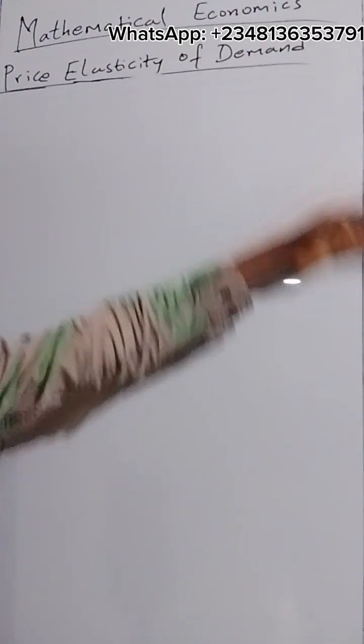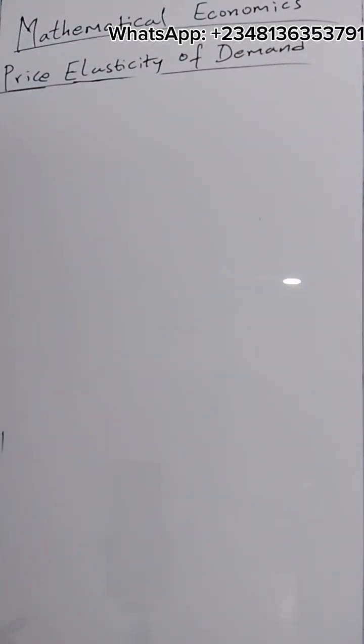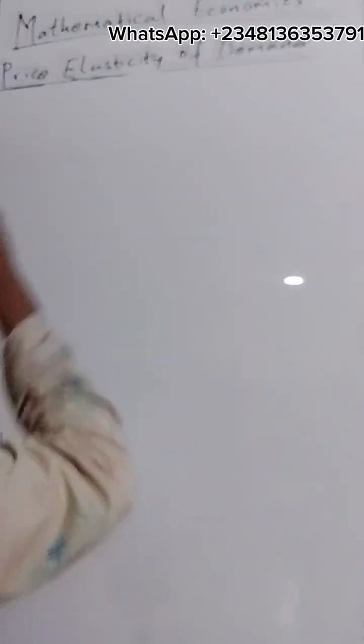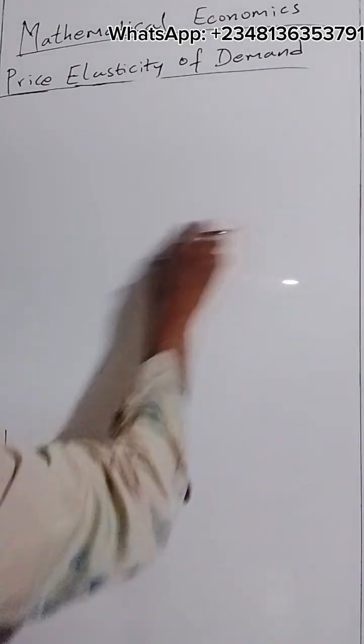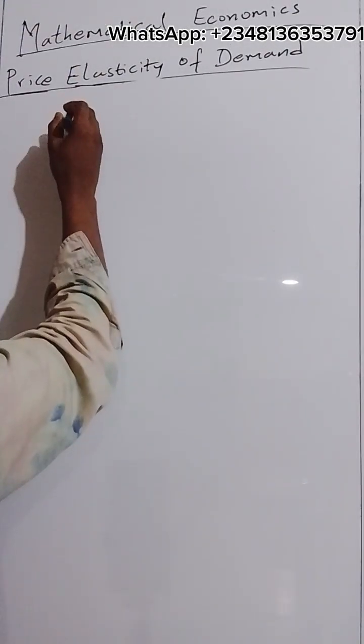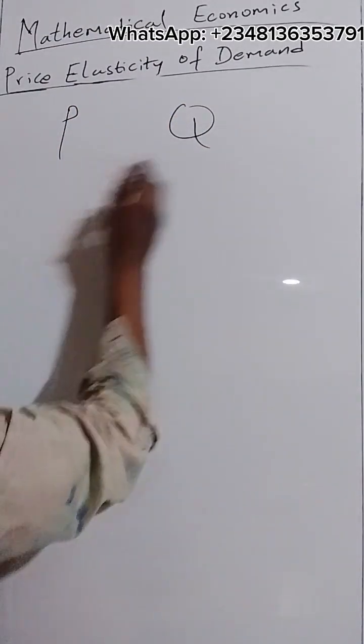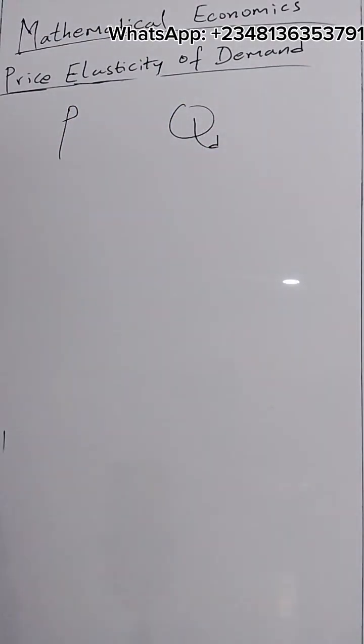Price elasticity of demand. Before we take an example, let's try to understand what is meant by price elasticity of demand. But before then, what is elasticity? Assuming we have two variables, P and Q, that is the price and quantity demanded.